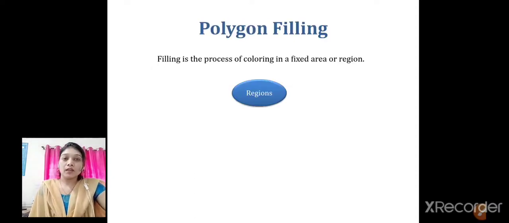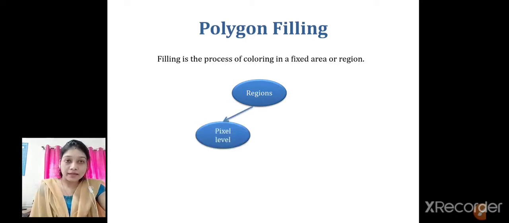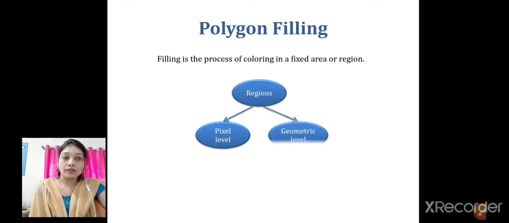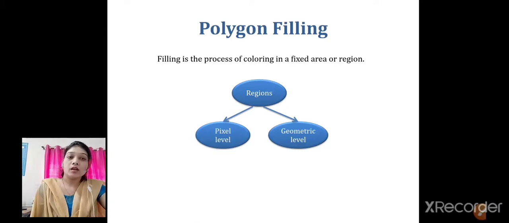Filling is a process where we color a fixed area or region. This area or region can be divided into two parts: the pixel level and the geometric level regions. How are we going to divide the algorithms into the different parts?